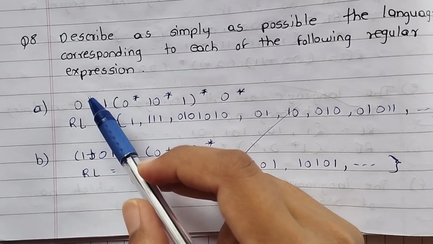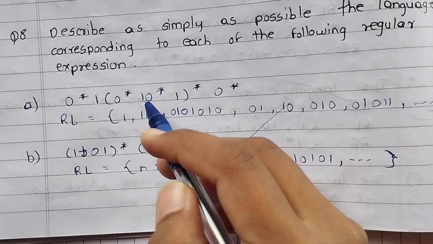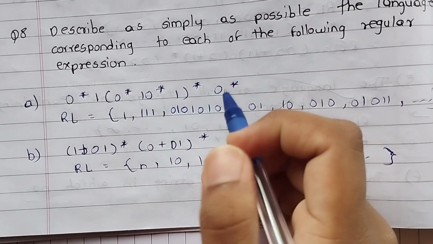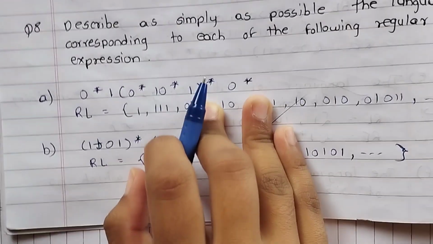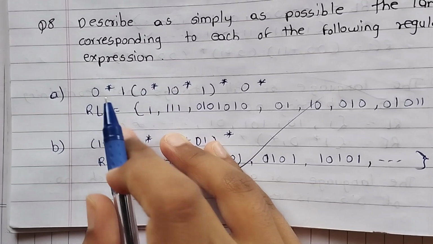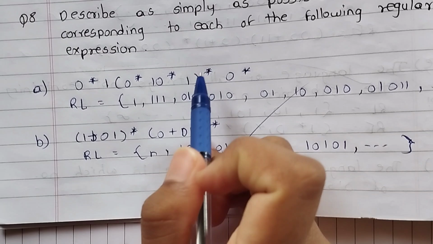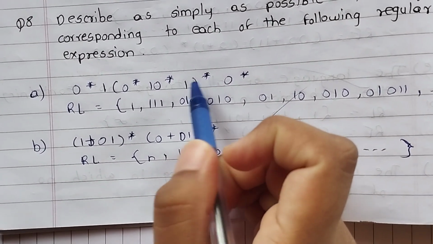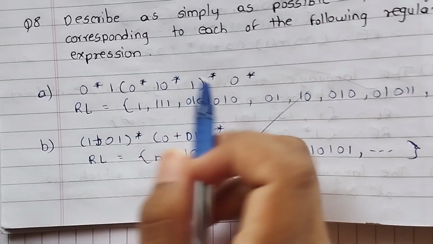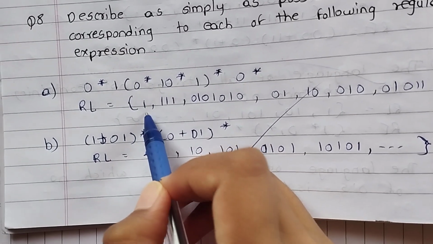Let's suppose this is the first question: 0 star 1, 0 star 1, 0 star 1 star 0 0. What I say is, first consider all stars as null. So this is null, this 1 is compulsory, null, but at the starting I consider this whole bracket as null, and this is also null, then only 1 comes here.